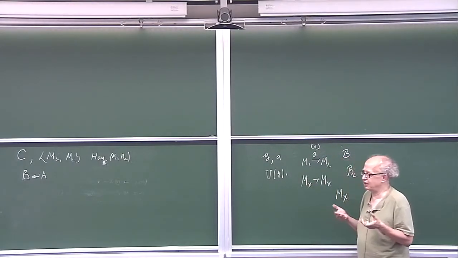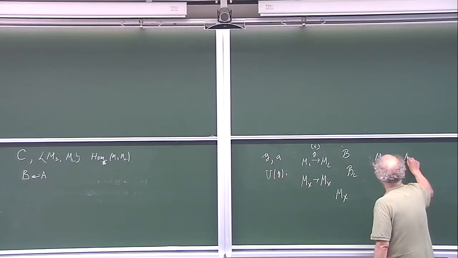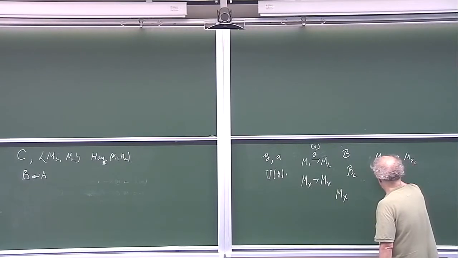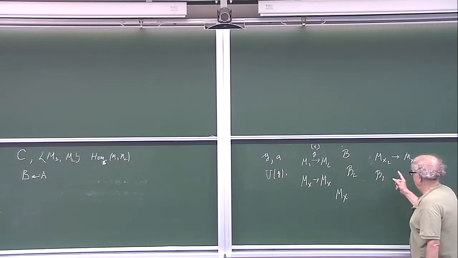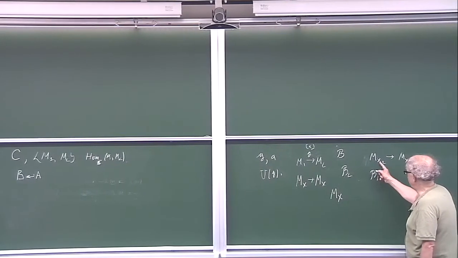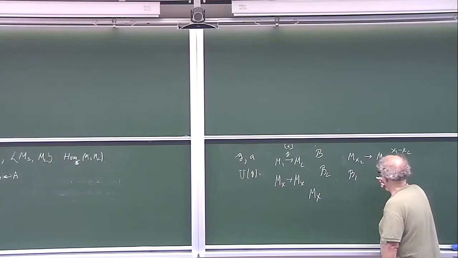Or I can say it a little bit differently. If I take M chi1 and M chi2 and they are different, and I am looking from B1 to this kind of endomorphism, then a vertex operator exists if chi2 minus chi1 is a root.